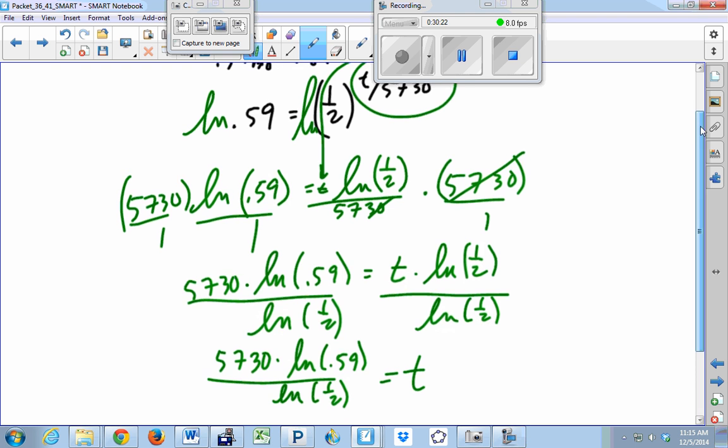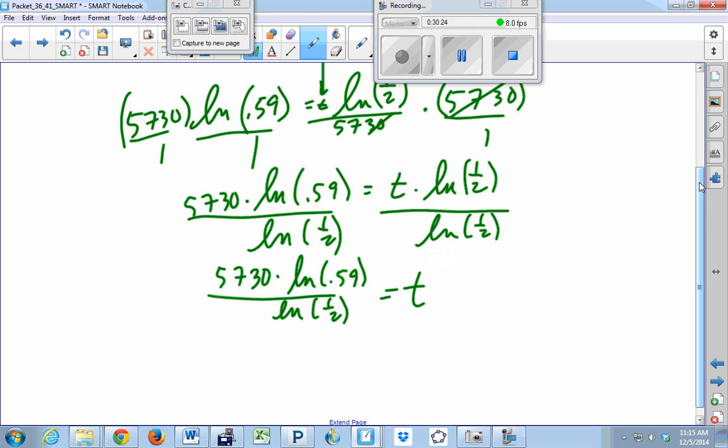So again, just for you to get a sense, remember your natural log function looks like this, and it goes through 1, 0. Since both of these inputs into your natural log are fractions between 0 and 1, both of these natural logs are going to be below the x-axis.